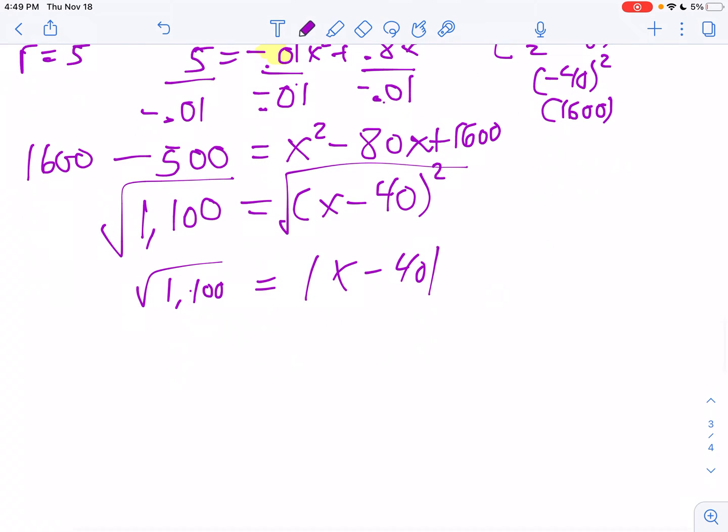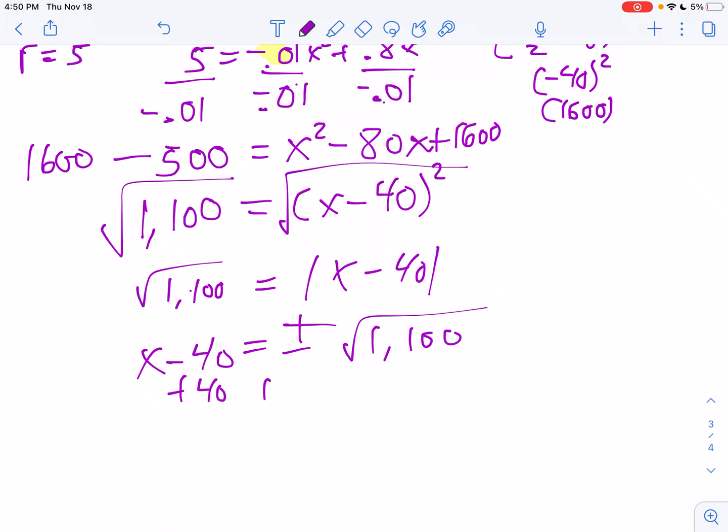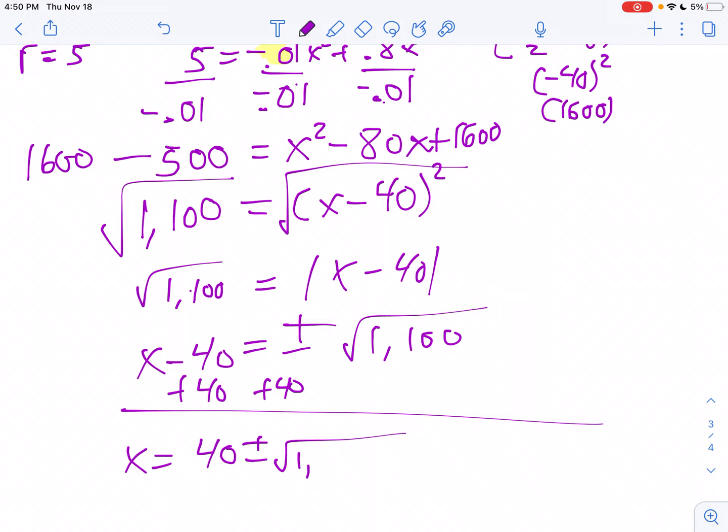So I'll say x minus 40 equals plus or minus the square root of 1,100. Then to get x by itself, we're going to add 40 to both sides. So x equals 40 plus or minus the square root of 1,100.